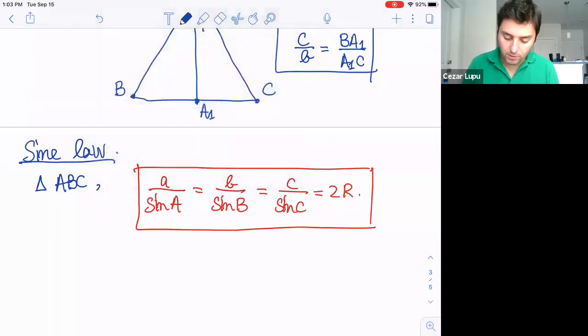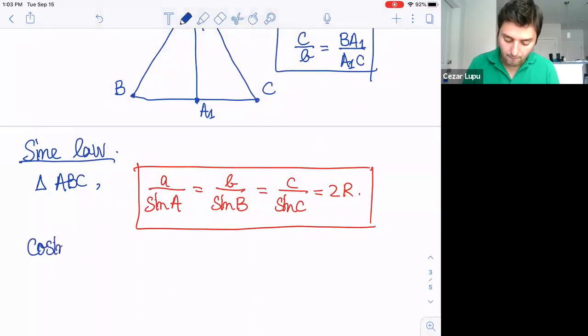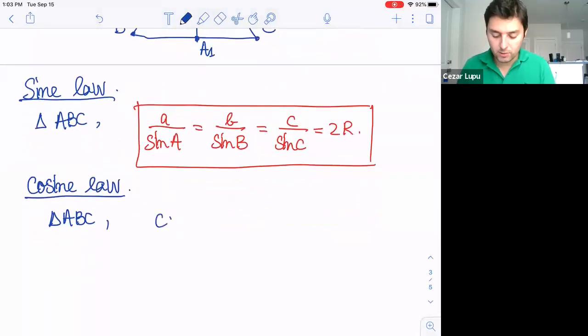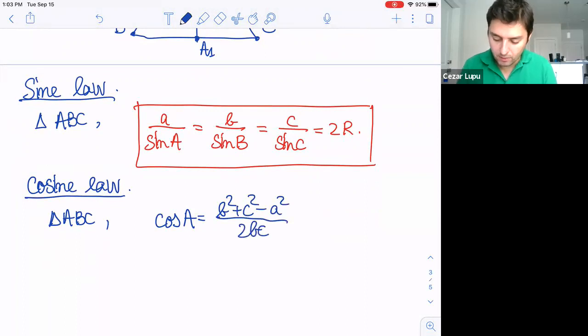And now the cosine law says the following: in a triangle ABC, we can express the cosine of A as b squared plus c squared minus a squared over 2bc. In fact, let me write this in color too.